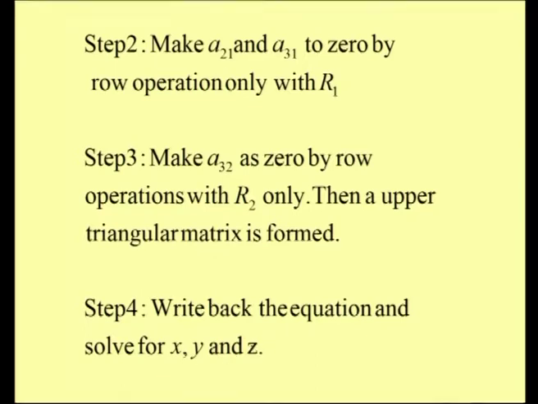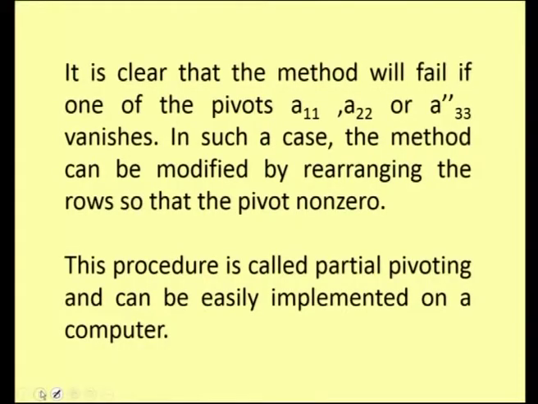One more thing is that this method will fail if one of the pivots, that is A11, A22 or A33, vanishes. That is, if any of the diagonal elements is 0, then we cannot proceed further. In such a case, the method can be modified by rearranging the rows so that the pivot element is non-zero.